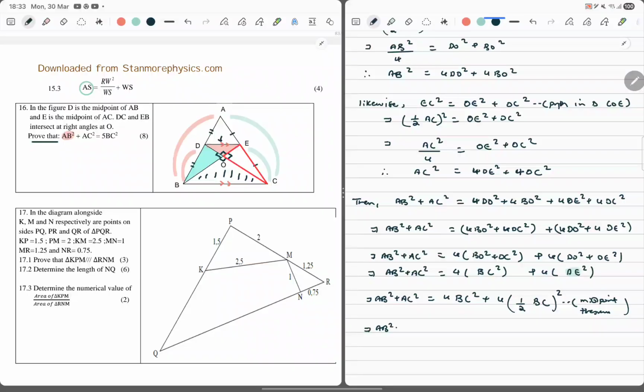This is AB squared plus AC squared equals 4BC squared into 4. Now this becomes BC squared over 4.